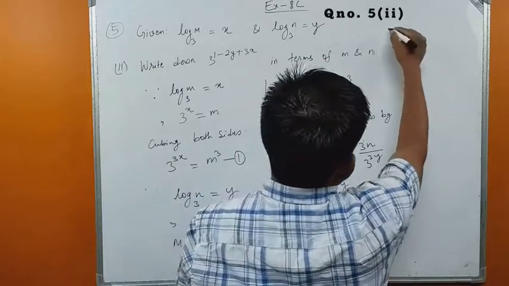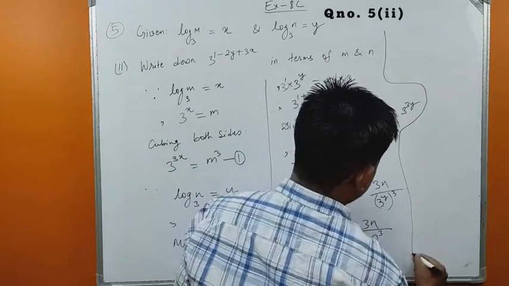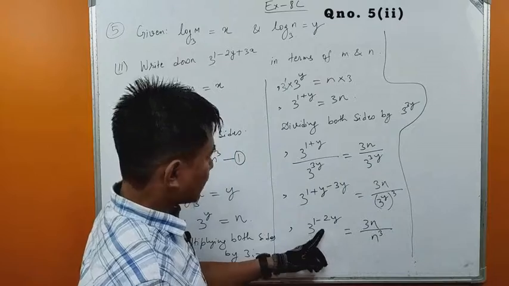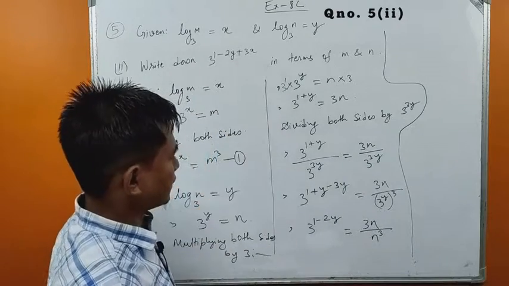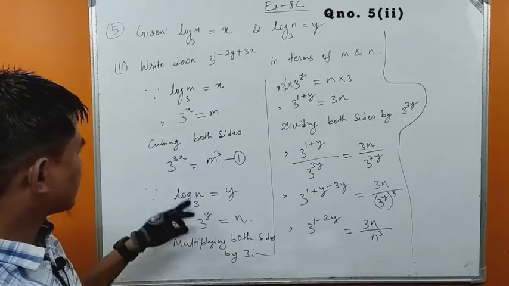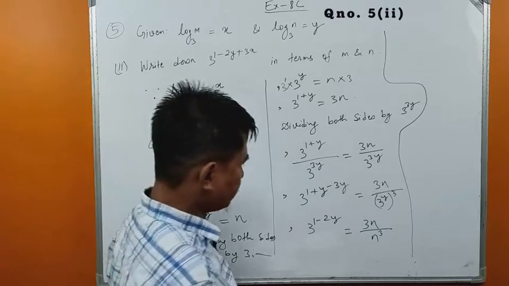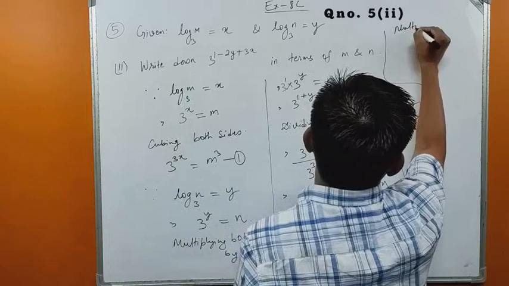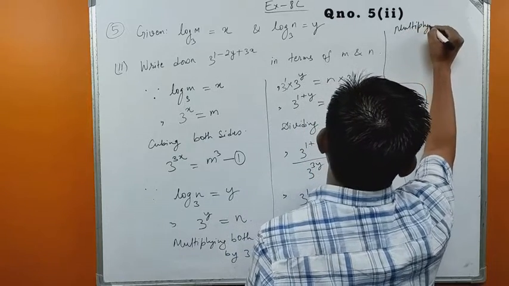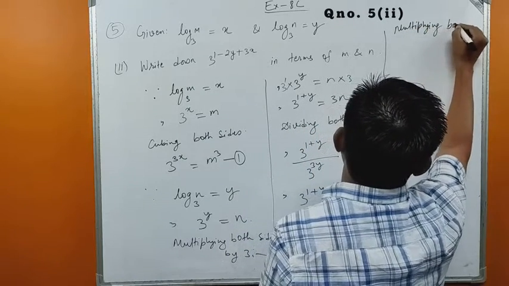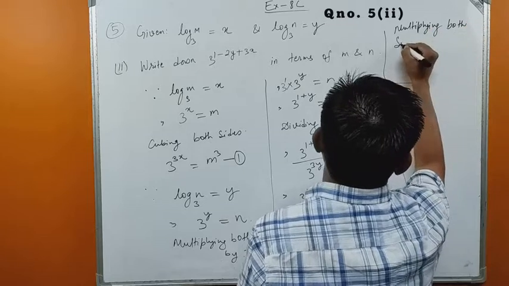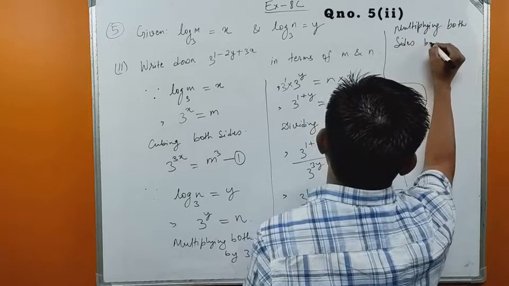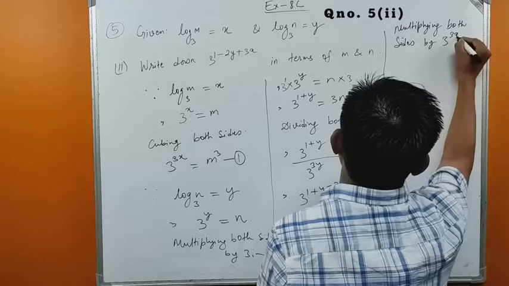So let me continue this sum here. Now we need plus 3x, so we multiply both sides by 3 to the power 3x.